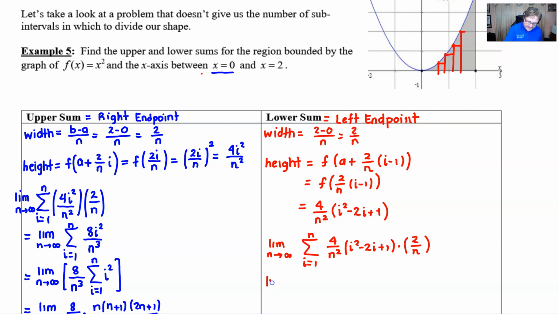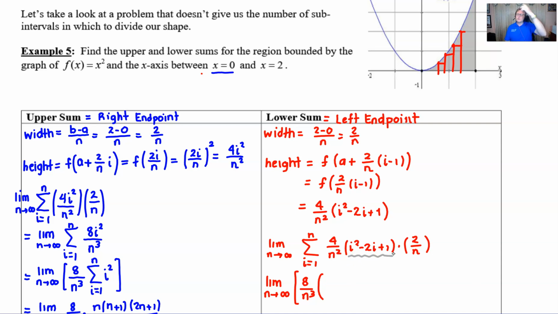What that means is anything that does not have an I needs to come out in front of the summation. So I'm going to keep that limit in there. I'm going to factor out an 8 over n cubed because none of those things have an I in it. And then this thing is going to be multiplied by the summation of basically this gray underlined expression.